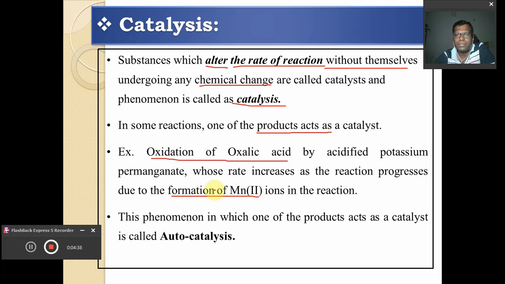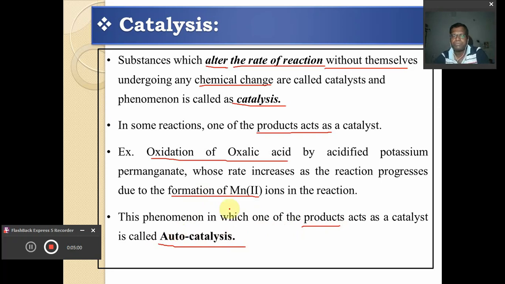It means that one of the products in this reaction acts as the catalyst, and the phenomenon in which the product acts as the catalyst for the reaction is called autocatalysis, or the reaction in which the product itself acts as the catalyst is known as autocatalysis.